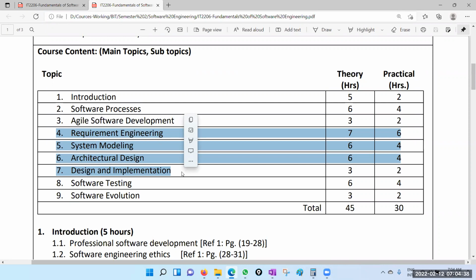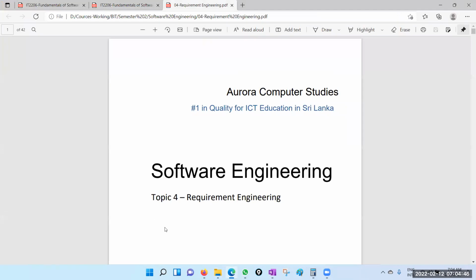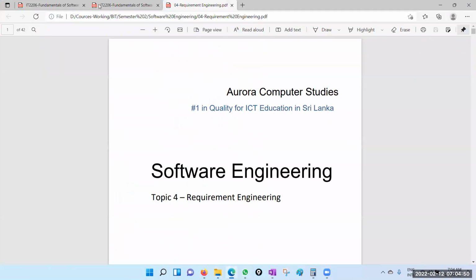Right. Requirement engineering. Right. So we are going to discuss the following topics under requirement engineering.